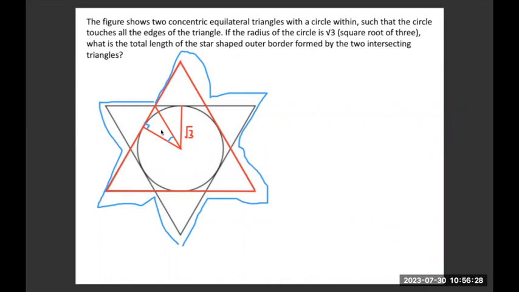The value of that angle is 30 degree. Why 30 degree? Because if I join these two lines, one second. If I join this and this line, ये center से if I join and let me color it to highlight. ये जो green line से what I'm drawing, इसका angle 60 degree है.